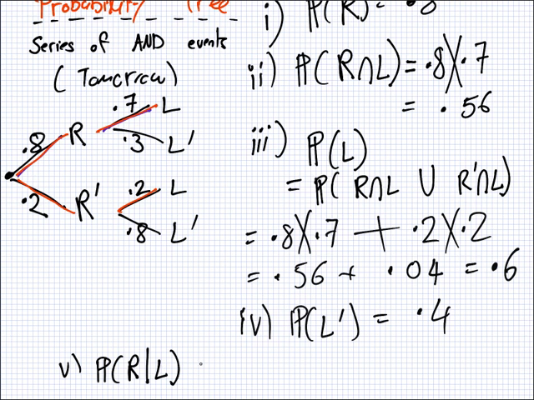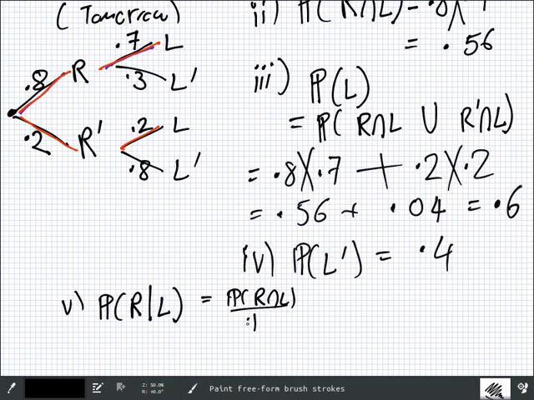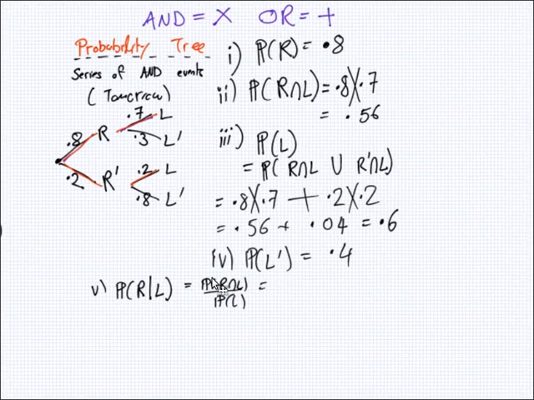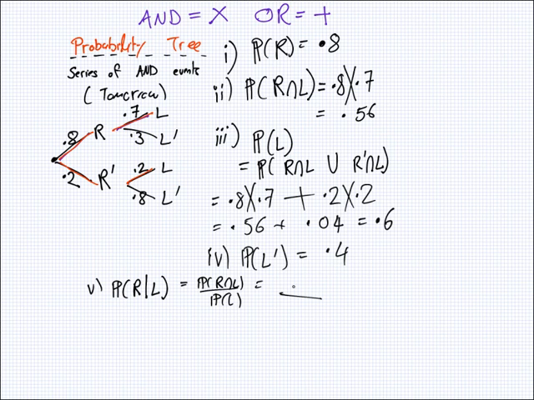According to our formula, it's the probability of R and L over L, the second one. Now this is good because we know both of these, don't we? Rain and late is 0.56 and late is, we said, 0.6. So what do we get here?